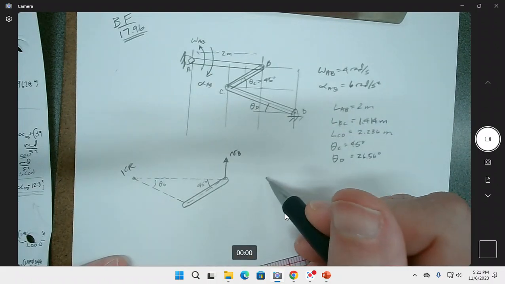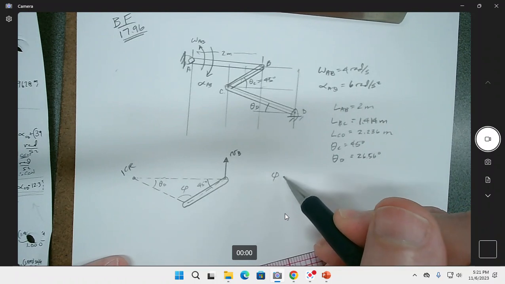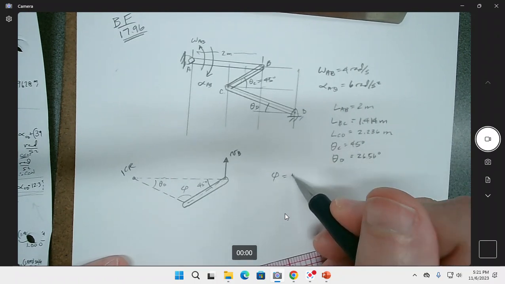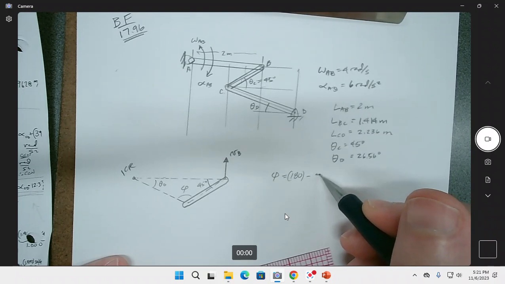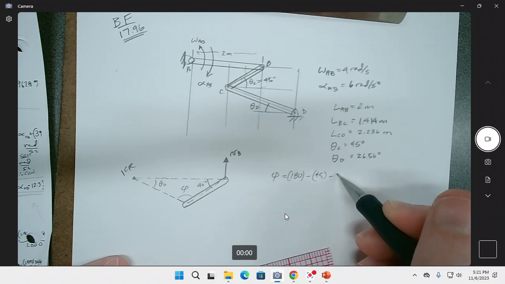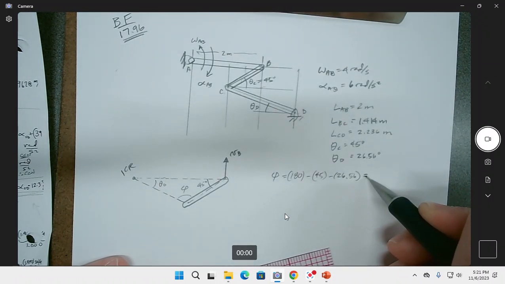So from that, we could get what this other angle is going to be, and I'll just call it something, just to give it a name. So we have 180 minus 45 minus our 26.56.